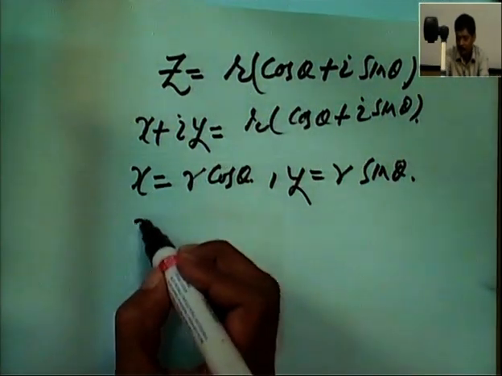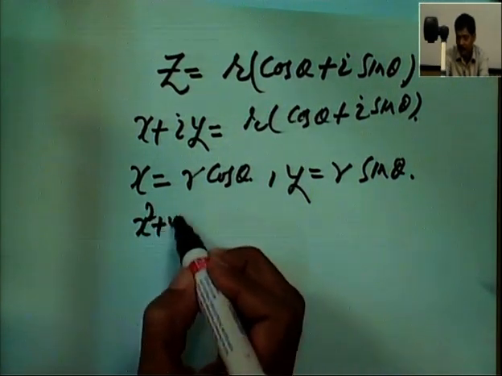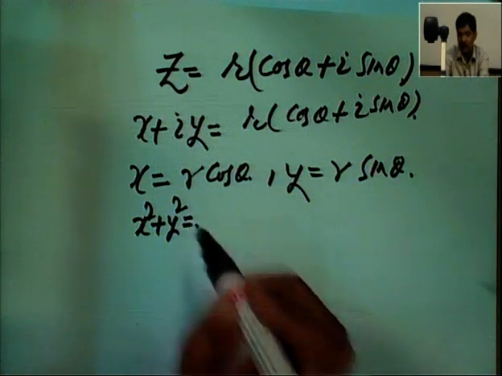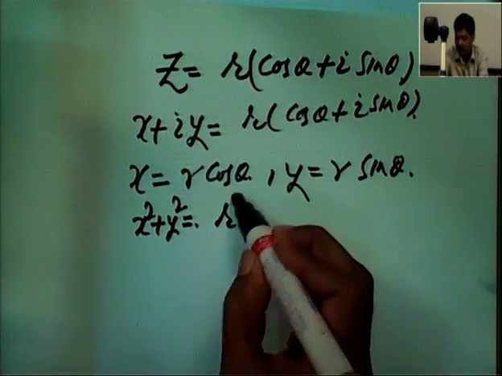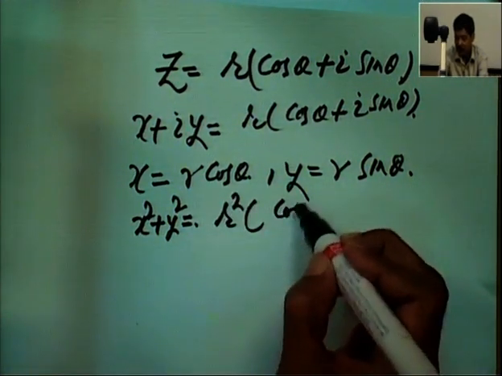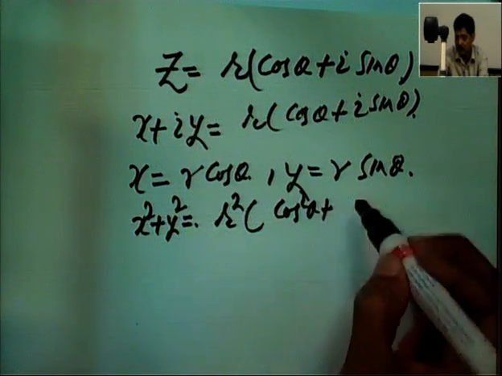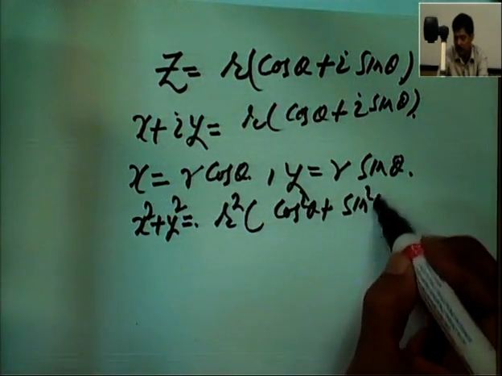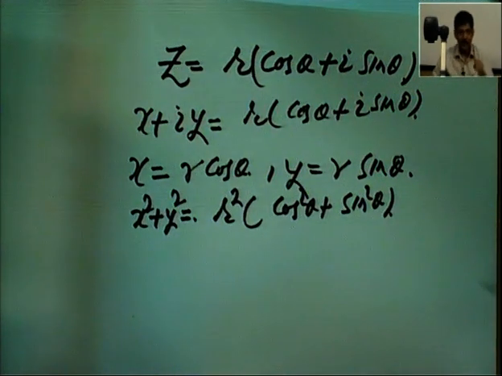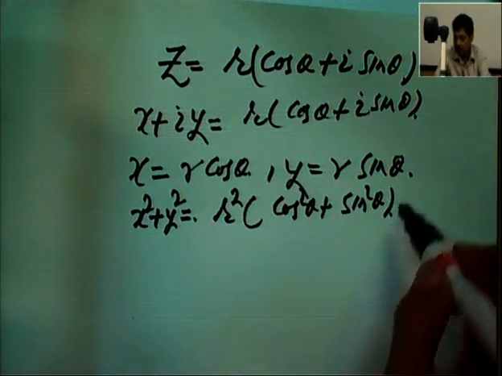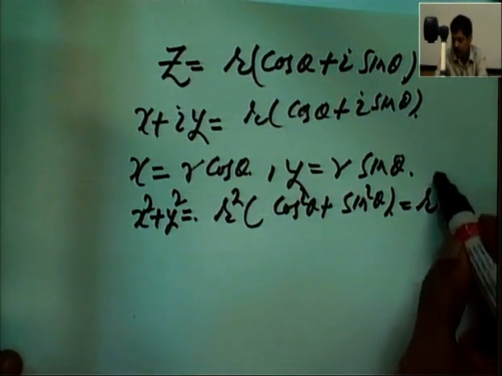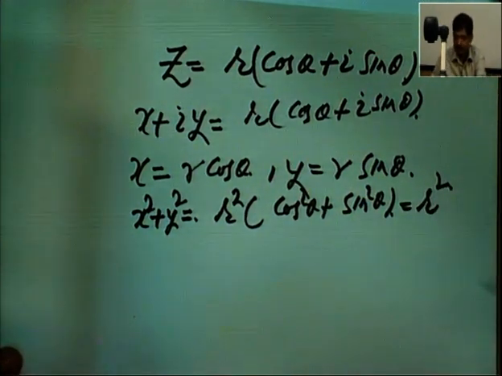Now, first of all, I write x square plus y square, that is your r square into cos square theta plus sin square theta, that is nothing but r square.